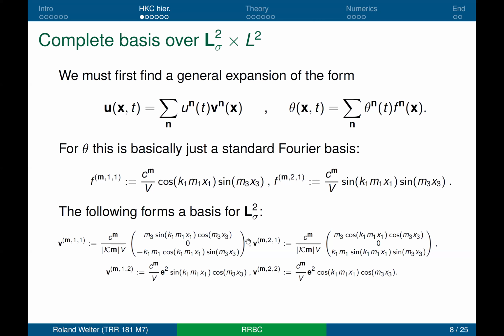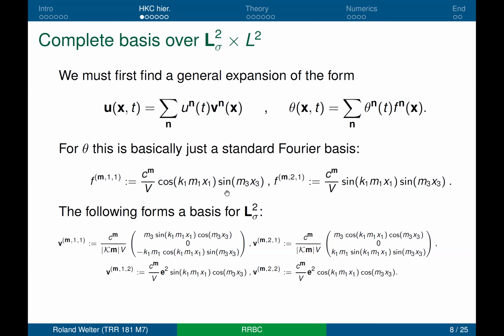So you have to do some work to show that these four types of vector fields are everything. This collection of vector fields forms a complete basis for this L2 space of divergence-free vector fields. These are just some normalizing factors and so on.